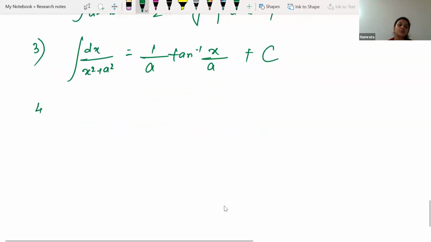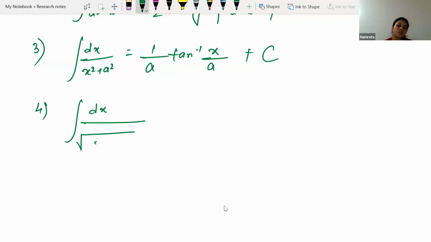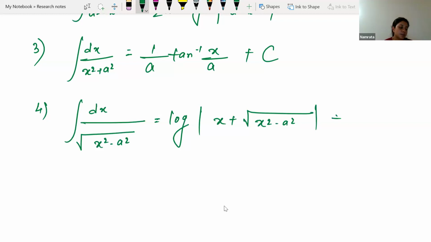Now, number 4, don't worry, when we will start solving the question, we will get back to this formula and I'll be telling you how to use this formula. Okay, when we are having dx by under root x square minus a square, that gives the formula log mod x plus under root x square minus a square plus c.